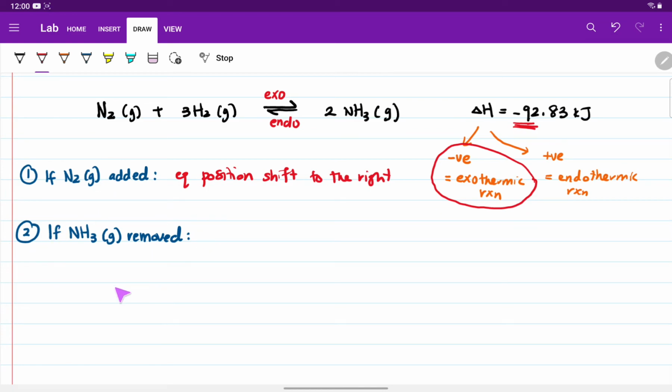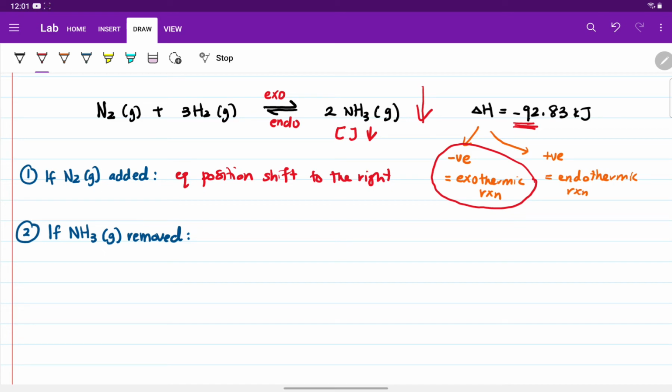Okay, so itu yang pertama. Yang kedua, what will happen if NH3 gas is removed? NH3 gas remove, kita buang. Bila kita buang, maksudnya dekat sini concentration of NH3 adalah sangat rendah. So, dekat bahagian produk rendah. Okay, jadi kita akan nampak dekat sebelah kiri, dekat sebelah reactant ni, concentration dia adalah tinggi.